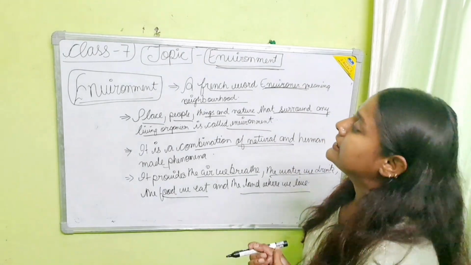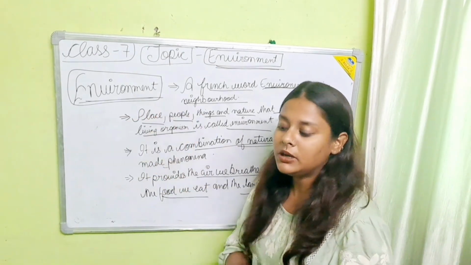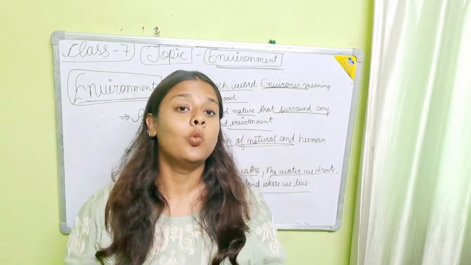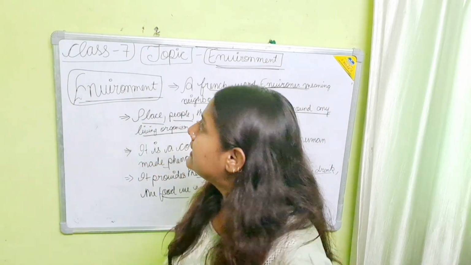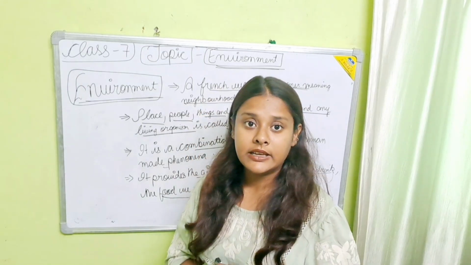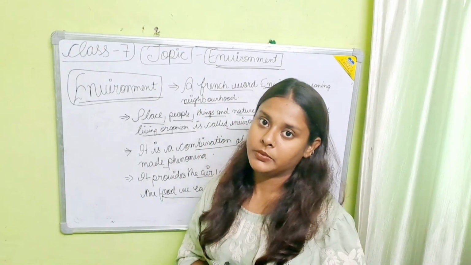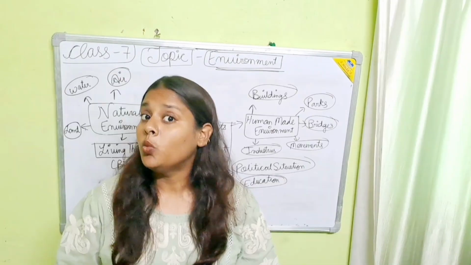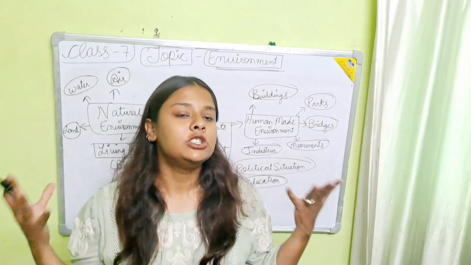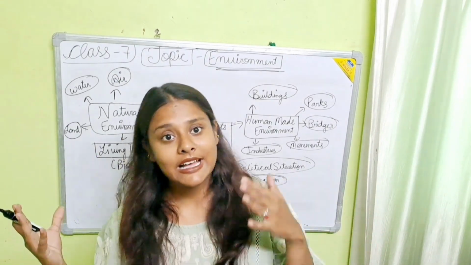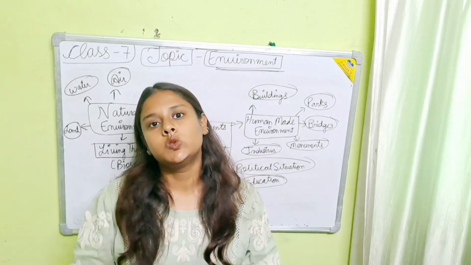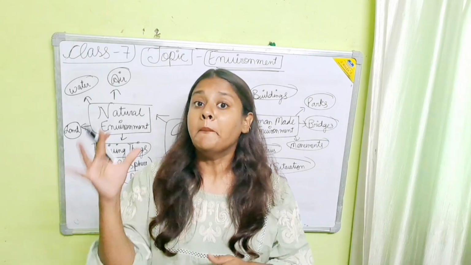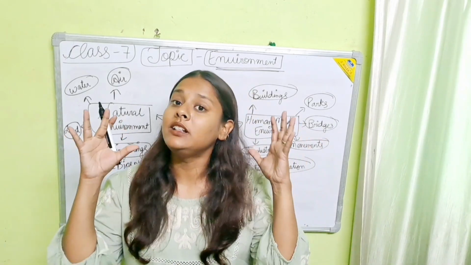After understanding what environment means, we are going to start with types of environment and components of environment. Environment is provided to us naturally as well as human-made. But we humans also modify the environment based on our personal needs.